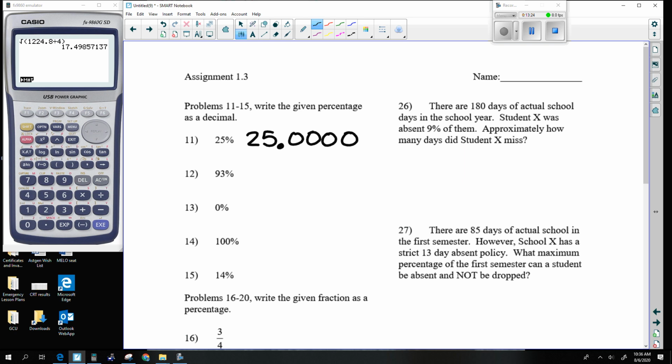So when I have a percentage and I need to turn this into a decimal, you take it and you move the decimal 2 places to the left. So you make the number a smaller number in essence. So 25 becomes 0.25. That's what the decimal is.